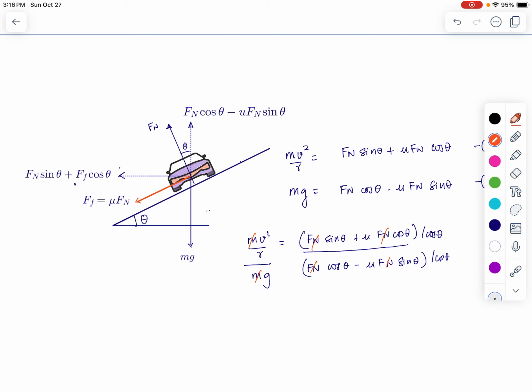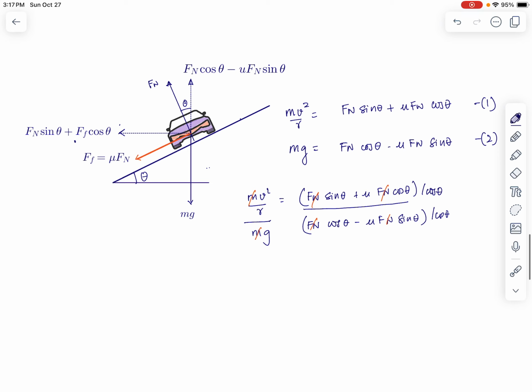So we can rewrite this expression here as v squared equals r times g times tan theta plus mu divided by 1 minus mu times tan theta.